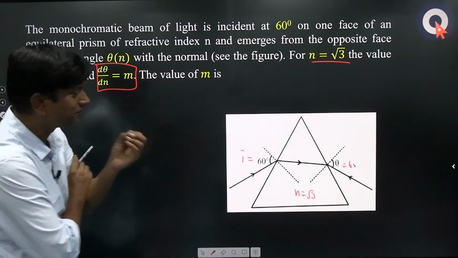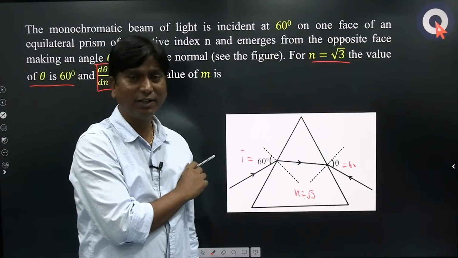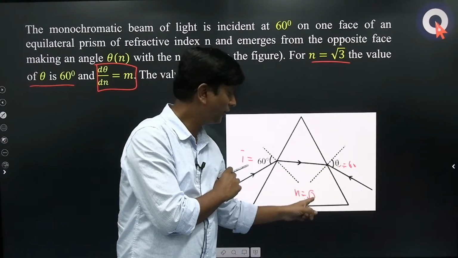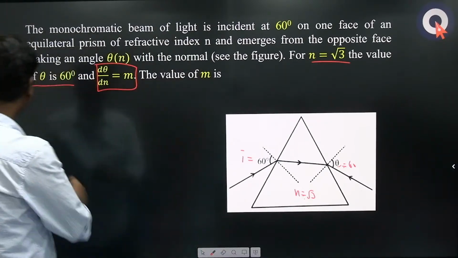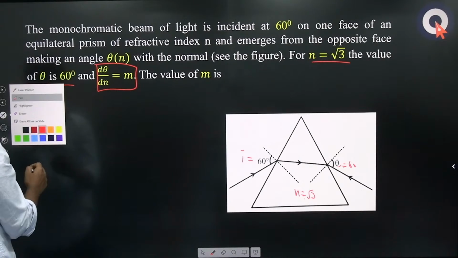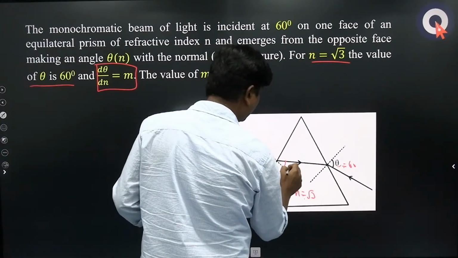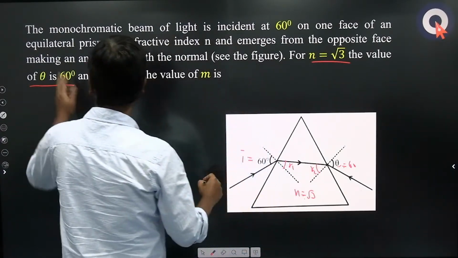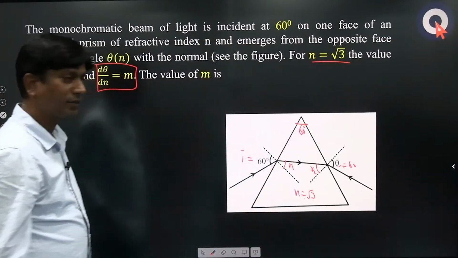So first, because they are asking d theta with respect to n, try to get the relation between theta and n. So theta as a function of n only, you try to get the relation, right? So we have to use Snell's law there. Let us take this is some R1 and this is some R2, and it is an equilateral prism, so R1 plus R2 is 60 degrees here, right?